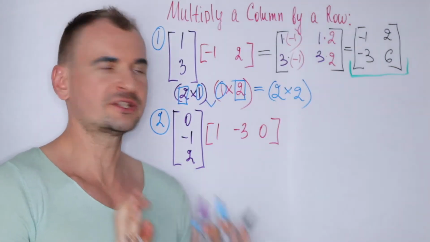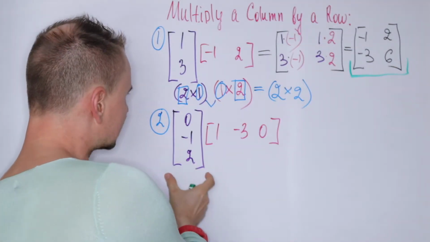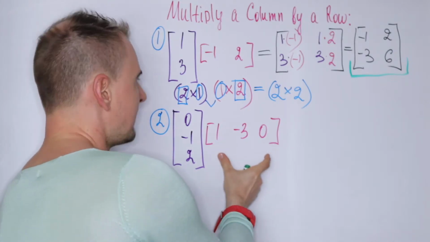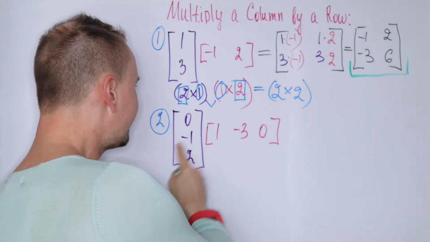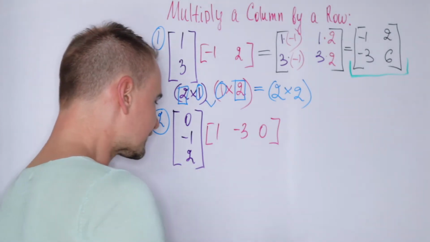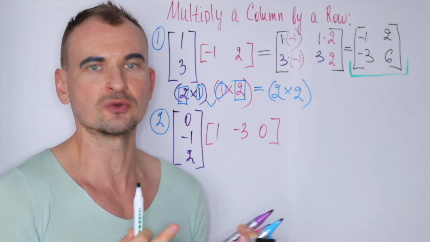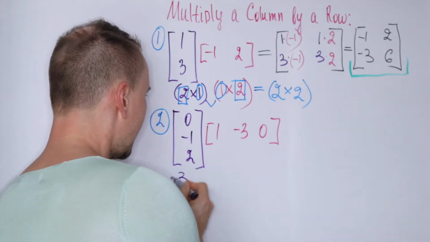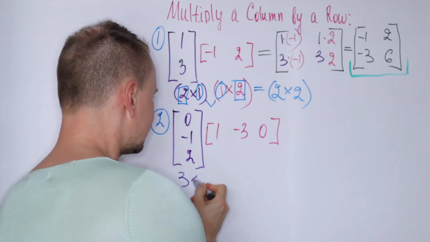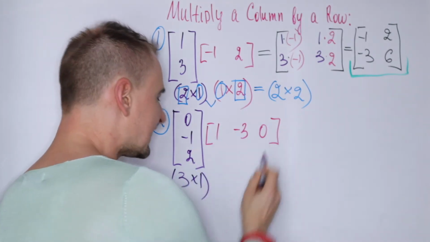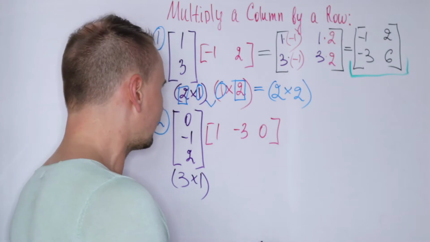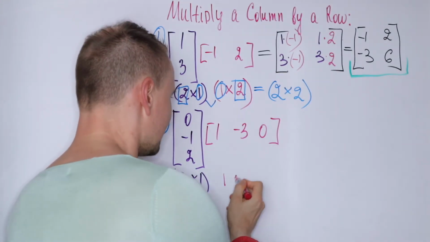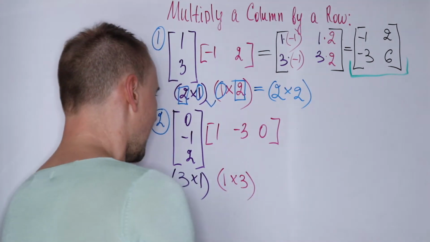Right, one more to go. Say you need to multiply this matrix column by this matrix row. First of all, check to see if they're able to multiply. You have 3 rows and 1 column, so the size is 3 by 1. For the second one, I'm going to do it quickly: you have 1 row and 3 columns, so the size is 1 by 3.